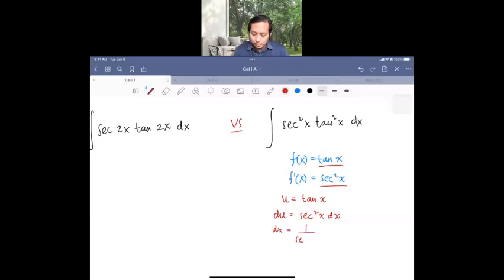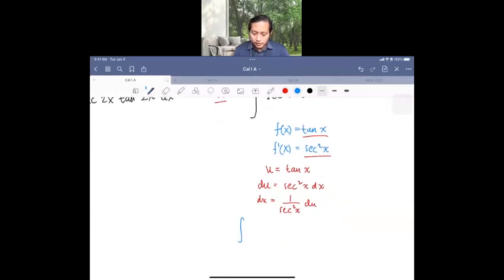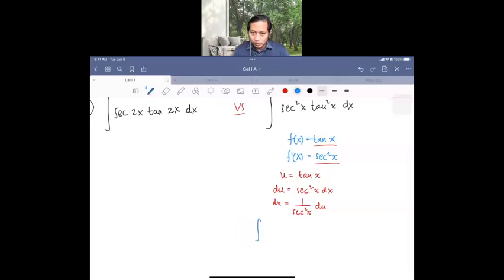So we will have the integral of u squared du, right? And the secant will be cancelled. So we will have 1 over 3 u cubed, or 1 over 3 tangent x cubed plus c.